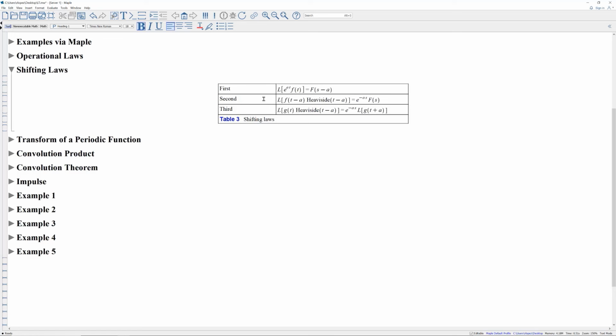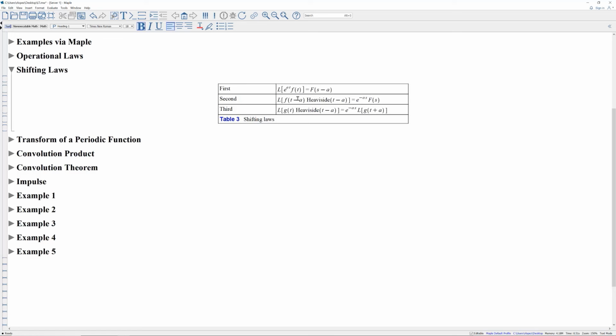The second shifting law says if you shift in the time domain, you multiply by an exponential in the transform domain. In other words, you get the transform of f of t. That's f of s, big F of s. And you multiply that by e to the minus as. And there's a detail. You have to have this function, this shifted function, multiplied by a Heaviside function. And it's also shifted with the same amount, t minus a.